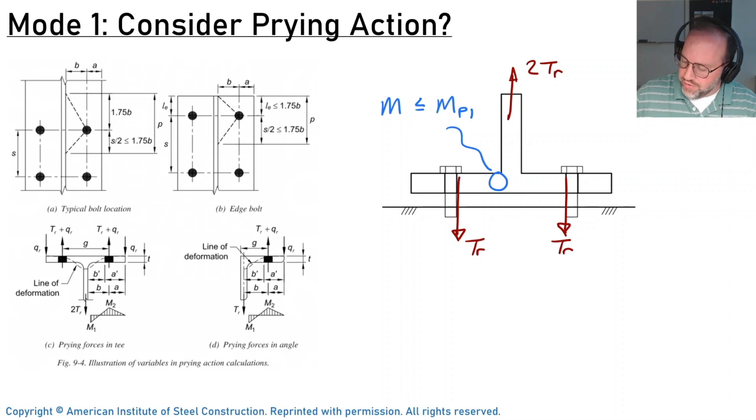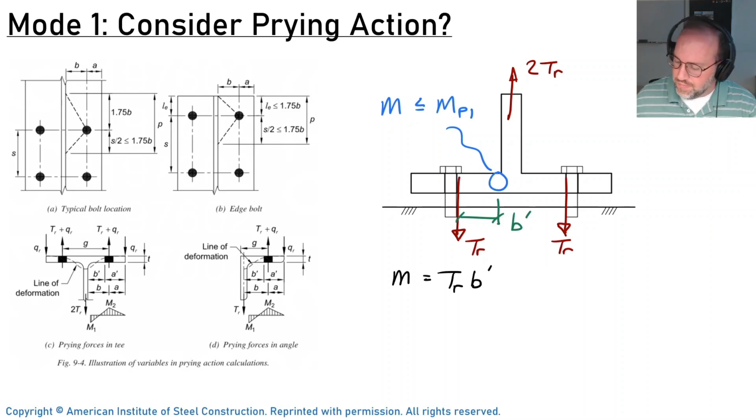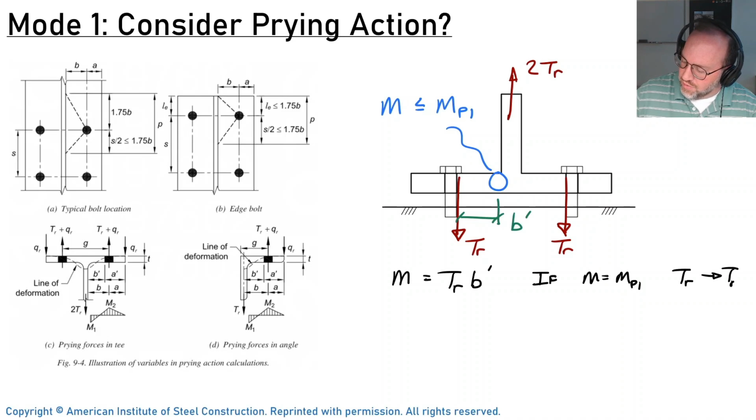So now we can look at a moment arm right here between our force and our peak moment, and that distance is known as B prime. So therefore our moment at that location, M, is going to be TR times B prime. And because M needs to be less than or equal to MP1, what we're going to say is if M equals MP1, then our TR is going to be given by this thing known as TNP.